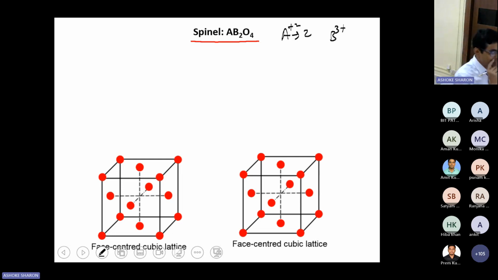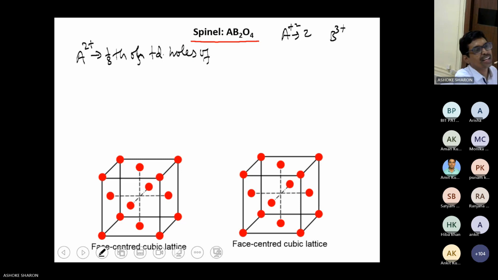Now their arrangement shows that A2 plus occupies 1/8 of the tetrahedral holes of a face-centered cubic crystal, an FCC lattice, and B3 plus occupies half of the octahedral holes in an FCC lattice.